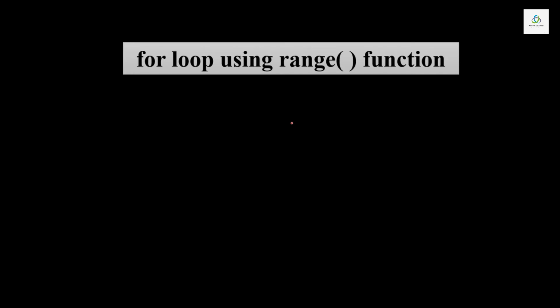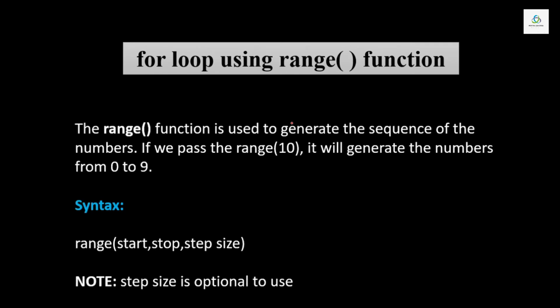Now for loop using the range function. You can write a for loop in two ways. First by mentioning just the sequence and the second by using the range function. So let's see what this range function is. The range function is used to generate a sequence of numbers. If we pass range 10, now in the bracket you will write 10, so it will generate the numbers from 0 to 9.